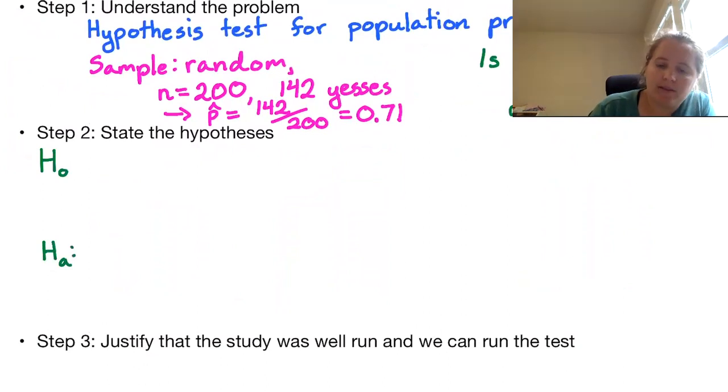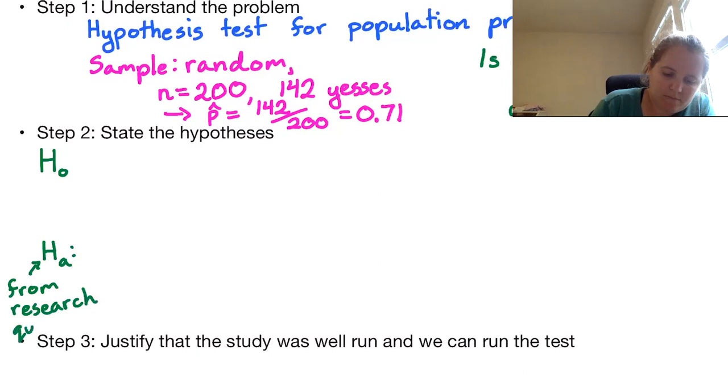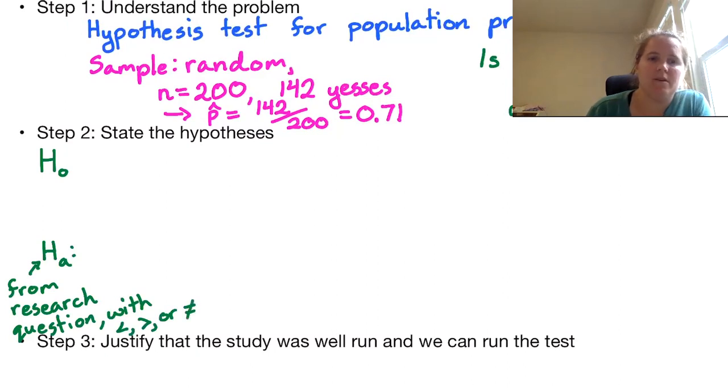The alternative hypothesis should just come from the research question, and it should have less than, greater than, or not equals. So our alternative hypothesis would be just the research question in sentence form.